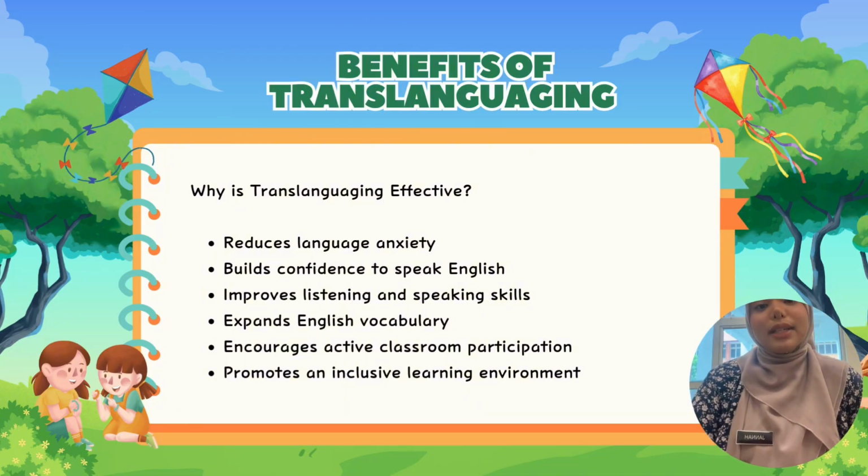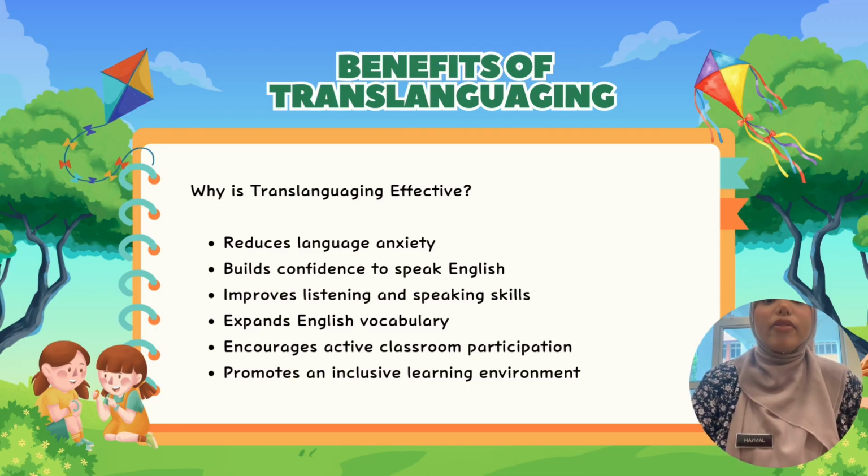Another important benefit is vocabulary development. Children connect new English words with words they already know in their first language. For example, when a child already knows the word apple in Bahasa Melayu, it becomes easier to learn the English word apple.